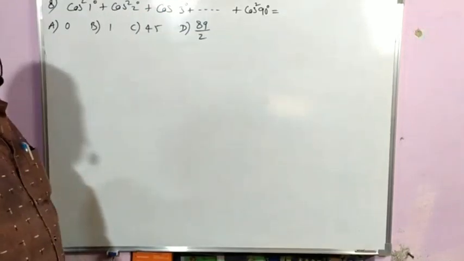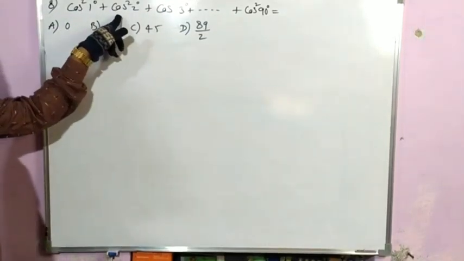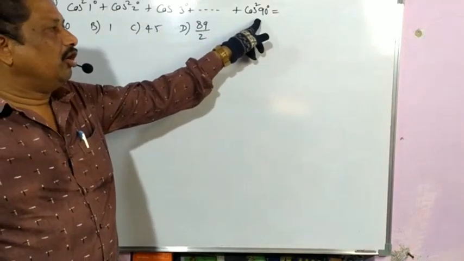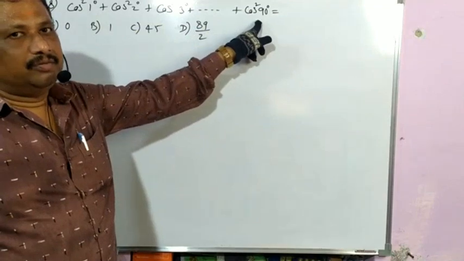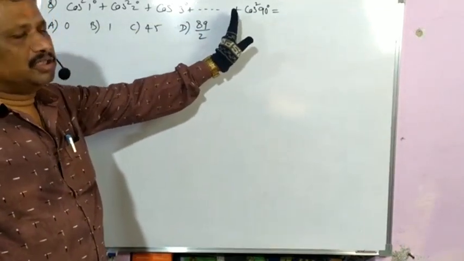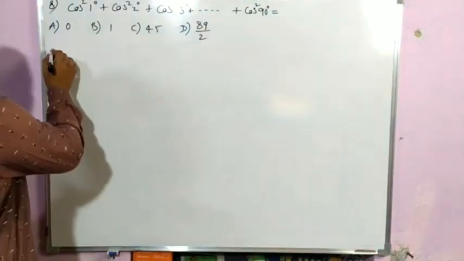Next question. Cos square 1 degree plus cos square 2 degrees plus cos square 3 degrees plus so on, up to cos square 90 degrees. Okay. Here cos 90 is 0. It goes up to cos 89. Let us see what we get. Write down the given things.